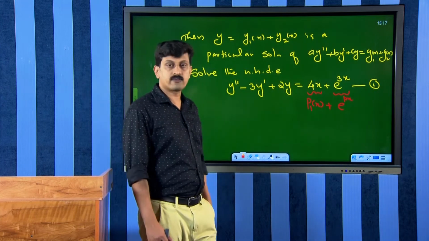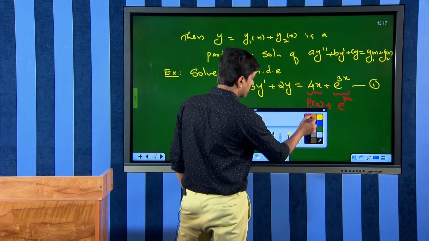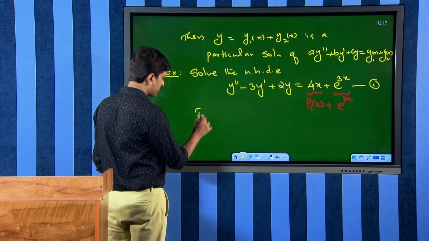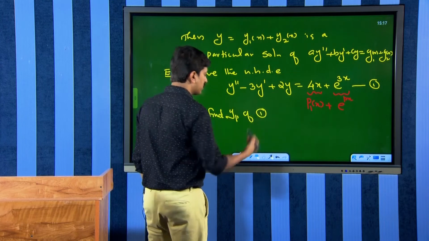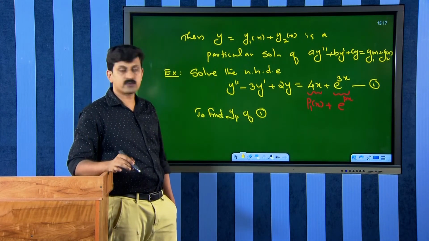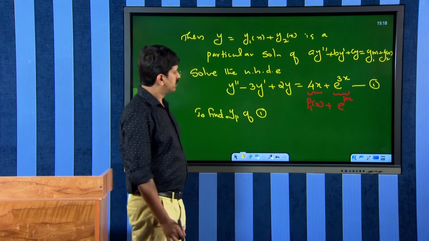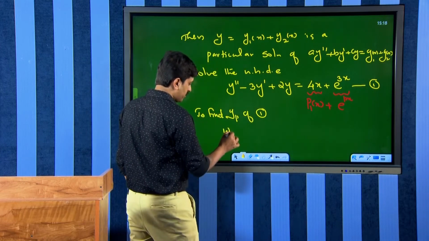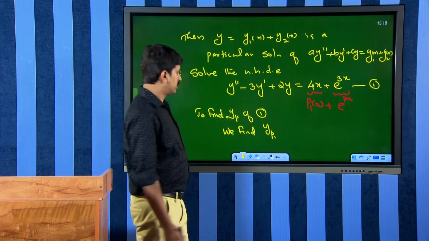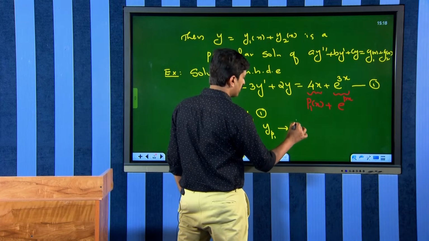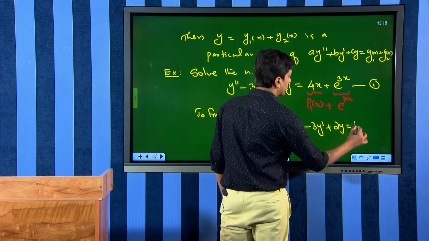So for this, it is enough to find the particular solution: to find yp1 as a particular solution of y double dash minus 3y dash plus 2y is equal to 4x.